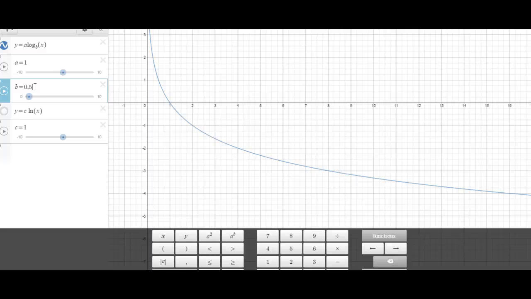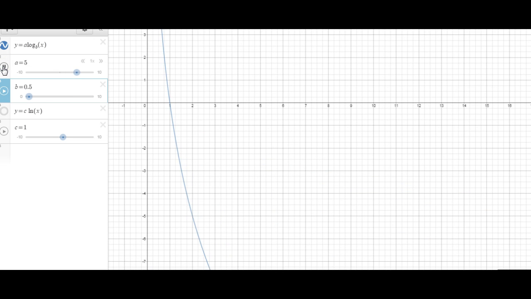The x-intercept is always 1, right? So the x-intercept hasn't changed, doesn't matter what we do. Let me set the a value to play. So it's Q1 to Q4 decreasing, the a is positive. When a goes negative, now it's Q4 to Q1 increasing.